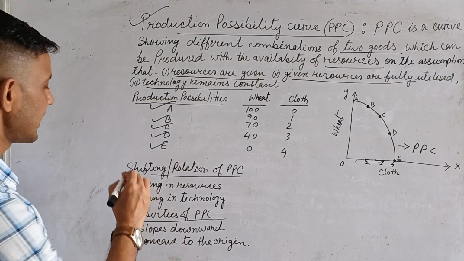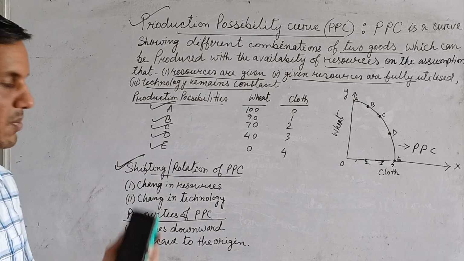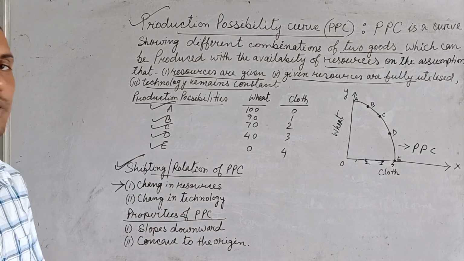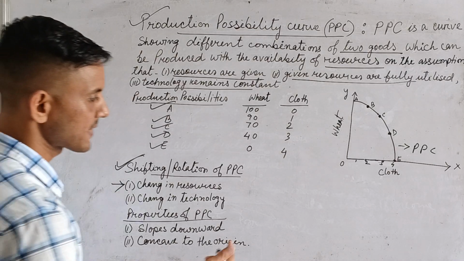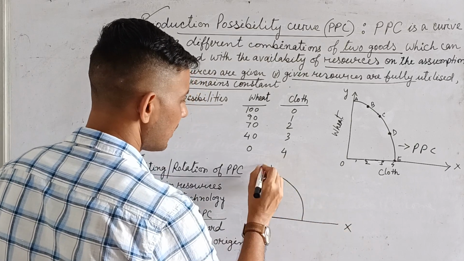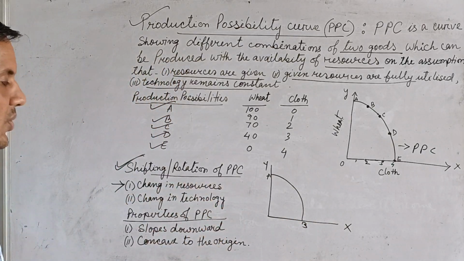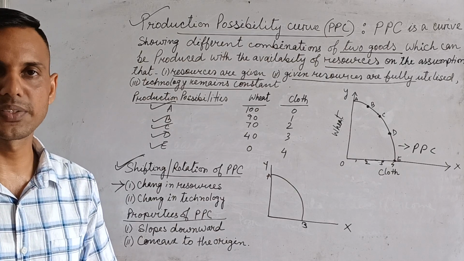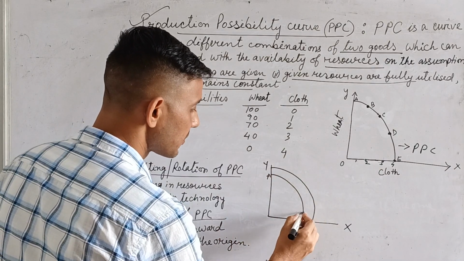Now see the shifting and rotation of PPC. It's very important to understand. Number one is change in resources. If resources are changed, what will happen? Suppose this one is the original PPC curve, with points A and B. If resources are increased, then they can produce more, so definitely the PPC curve will shift to the right.